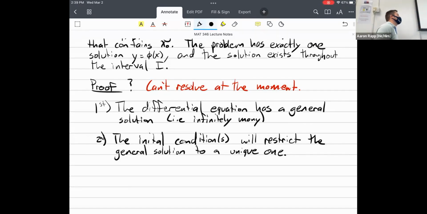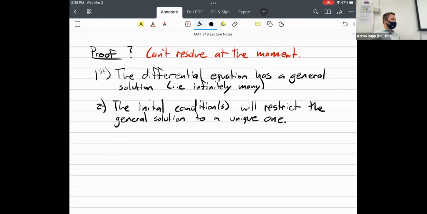First things first, think about how we were solving these second order differential equations. Was there just a single solution that we started with? Well, no. We had two usually, right? We identified two. The first one was e to the rt and then e to the negative rt, or sine and cosine, depending on the basic differential equations that we looked at.